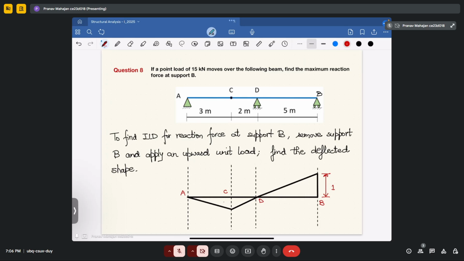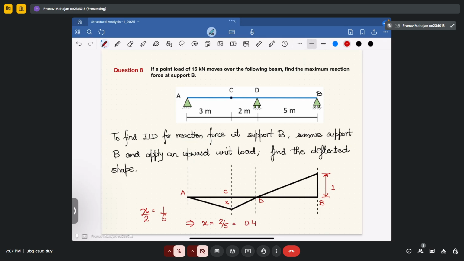So suppose this is X. So how you will determine the value of X? So your X upon 2 will be equal to 1 upon 5. This will give you X to be equal to 2 by 5 equal to 0.4.